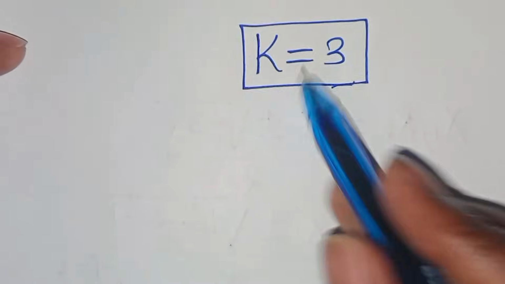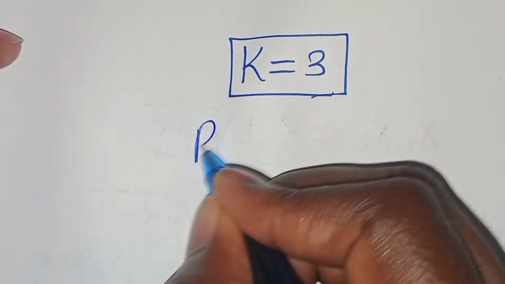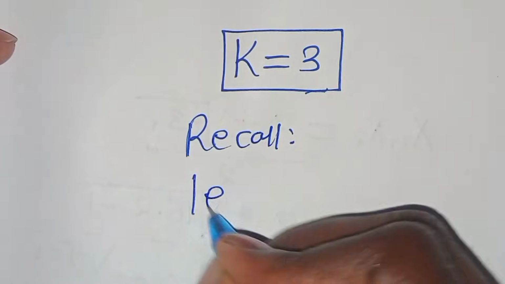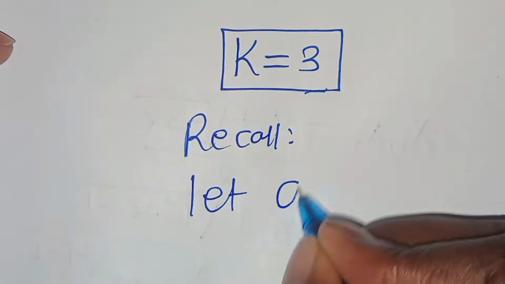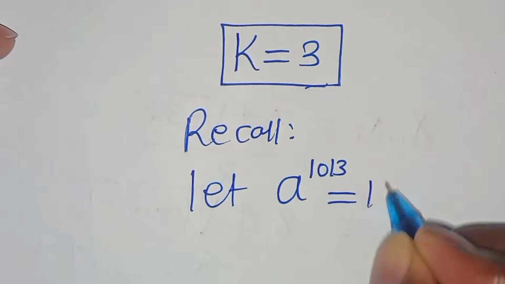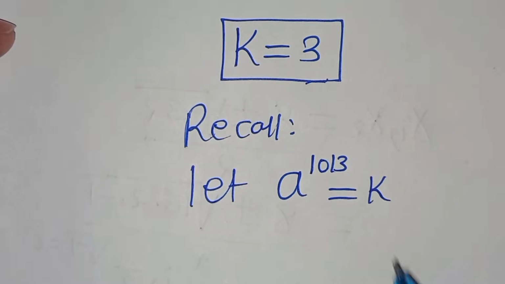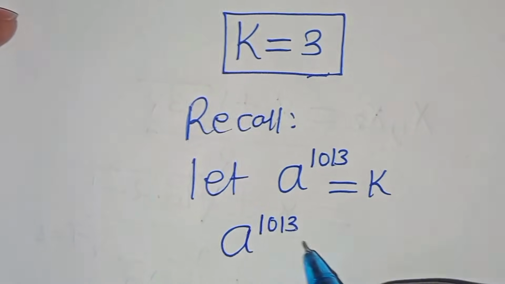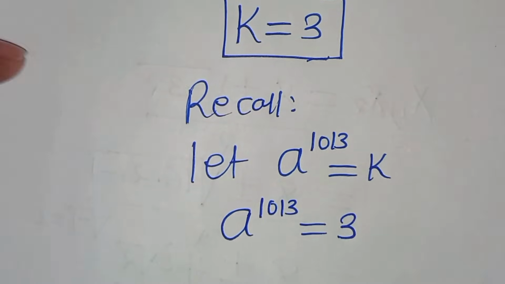Now since K is equal to 3, and if you recall, we said that we let A to the power of 10, 13 be equal to K. So let's substitute K with 3. So we have A to the power of 10, 13 equal to 3.